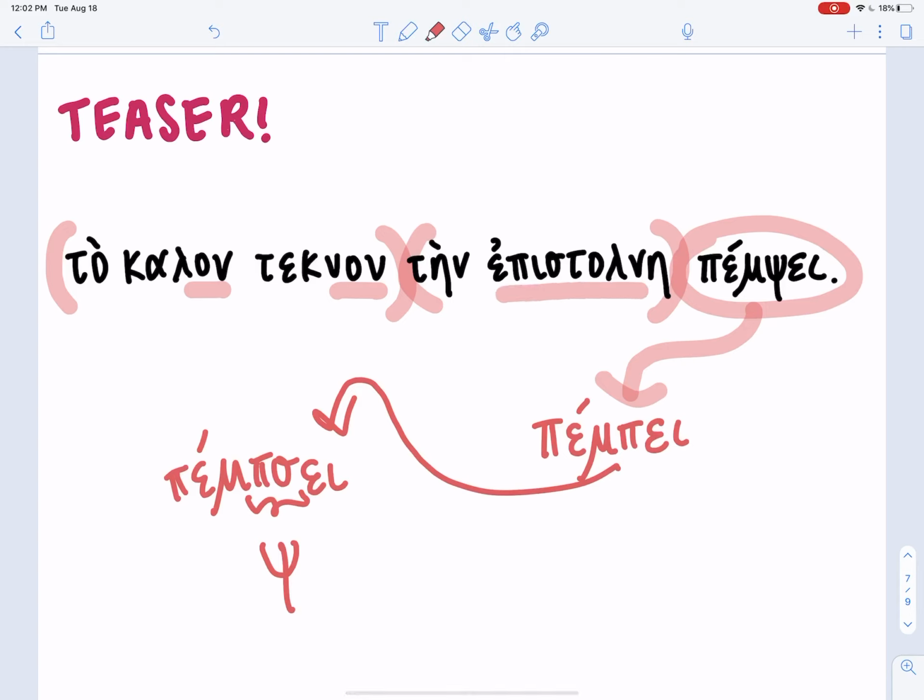And epistole is just like epistula in Latin. It just means a letter. So let's put it all together and then we'll wrap up. So to kalon teknon pempsei ten epistolen, the beautiful child will send the letter.